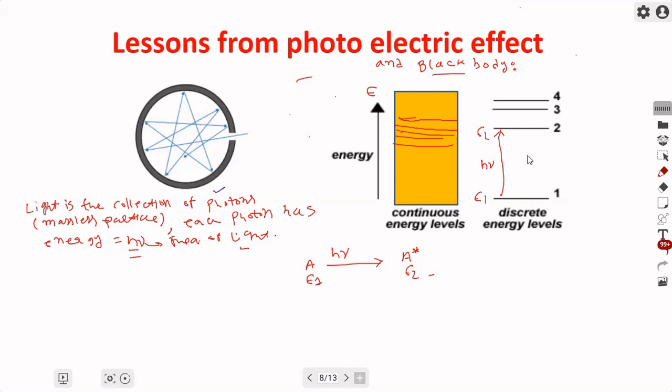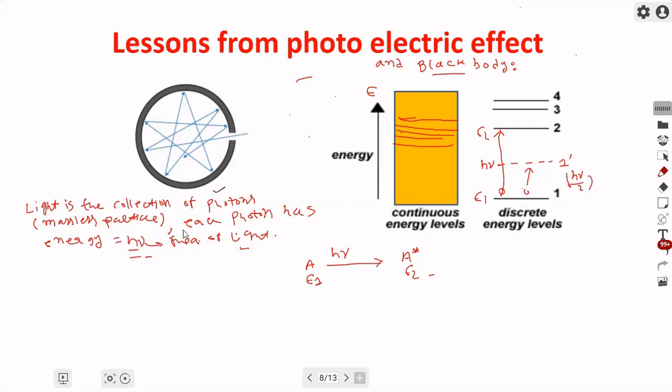Now the question is, let's say there is another state present between 1 and 2, that is 1 dash. Can this particle go to the 1 dash state? The answer is no, because the minimum possible amount of energy that can be transferred by a photon is hν. If 1 dash is somehow midway between 1 and 2, the required energy to transfer would be hν/2, which is not possible.